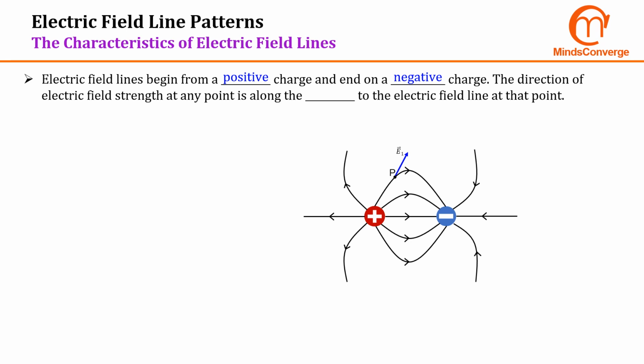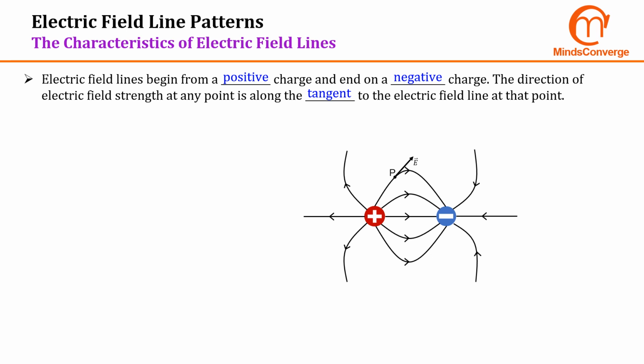And the electric field strength at point P, due to the negative charge, is E2. We draw a straight line that just touches the electric field line at point P. This line is called the tangent line, or simply the tangent to the electric field line at point P. So, the direction of the resultant electric field strength at point P is along the tangent to the electric field line at point P.